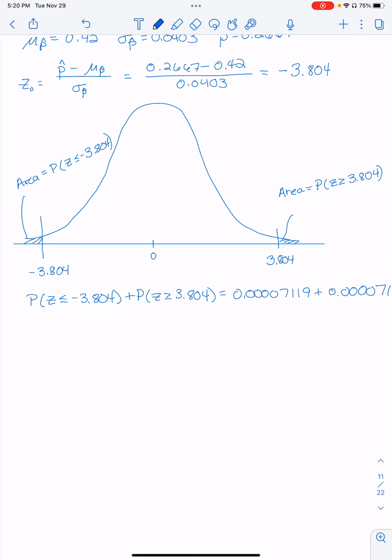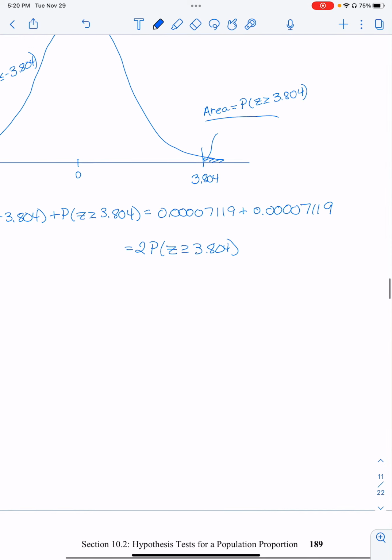Now you'll notice since those numbers are the same, what I could really do is just find the area for one of these and multiply it by 2. So this is the same as 2 times the probability that z is greater than or equal to 3.804. So you're welcome to do that if you don't want to look for both of them, okay?